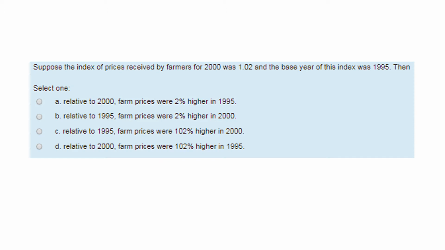So one of the questions on your quiz is going to be that to suppose the index price received by farmers in 2000 was 1.02 and the base year of the index was 1995. Okay, it's not telling us what the farmer is selling, but let's just say it's corn, just for the sake of putting something there. So they're telling us the base year is 1995.